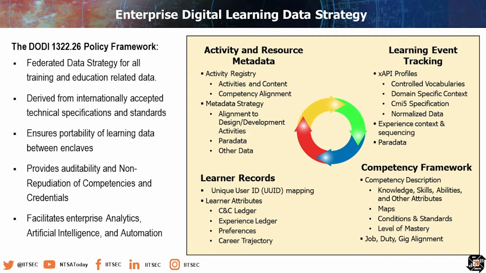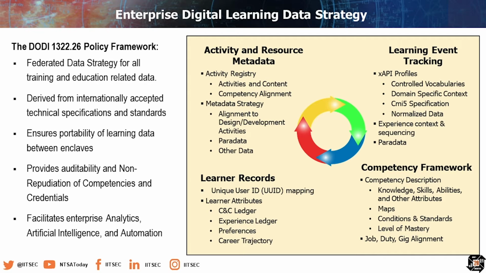Next is the Competency Framework. This includes more traditional knowledge, skills, and abilities, but also other attributes like soft skills, motivations, physical conditioning kind of things. Anything that fully describes what is necessary to be capable and efficient at doing a job within an organization.